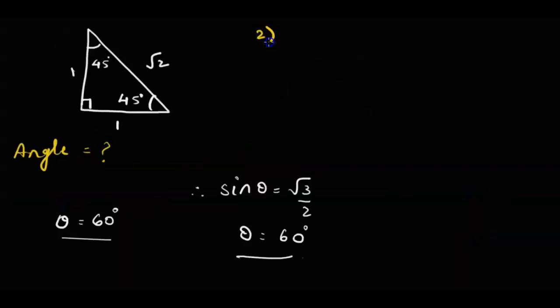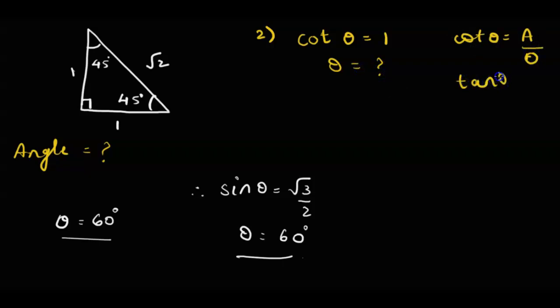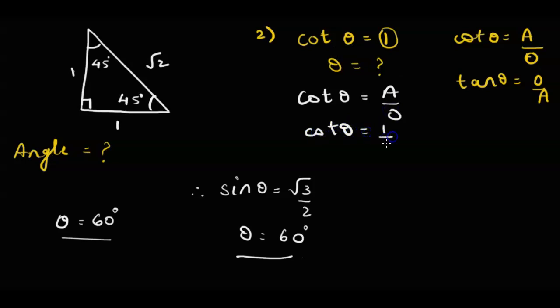Let's say we're asked to find another question, that is we're given cot theta equal to 1 and we're supposed to find out the theta in this case. Now we know cot theta is equal to adjacent over opposite because cot is the reciprocal of tan and tan is opposite over adjacent. So the number is 1. Since cot theta is adjacent over opposite, that means cot theta in this particular question is 1 over 1.